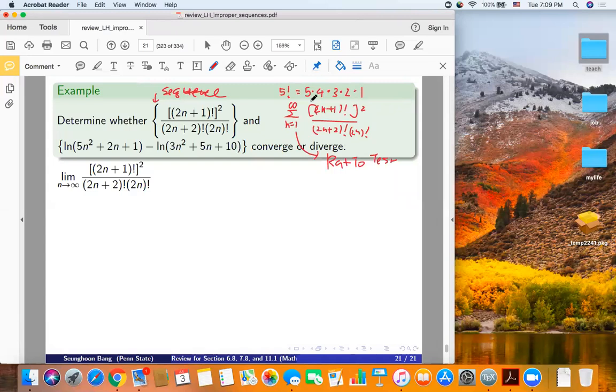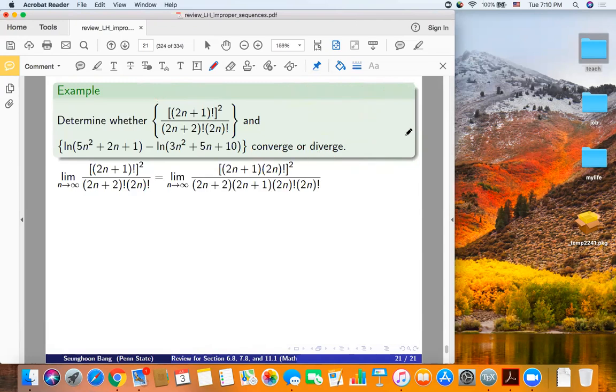Going back to here, 5 times 4 times 3 times 2 times 1 is the same as 5 times 4 factorial, or 5 times 4 times 3 factorial. So here you can change it. The 2n plus 1 factorial is 2n plus 1 times 2n factorial. The 2n plus 2 factorial is 2n plus 2 times 2n plus 1 times 2n factorial. The last one, 2n factorial, is here.